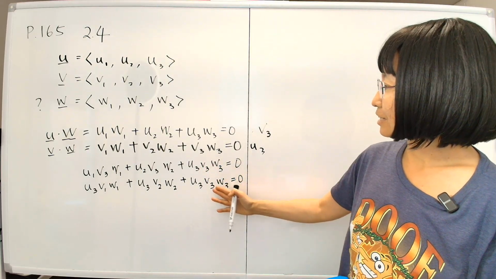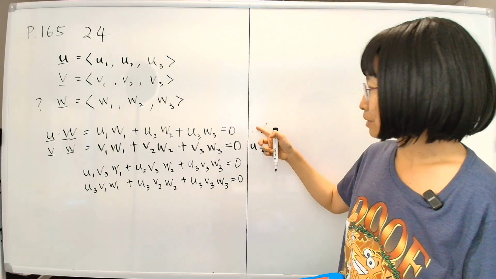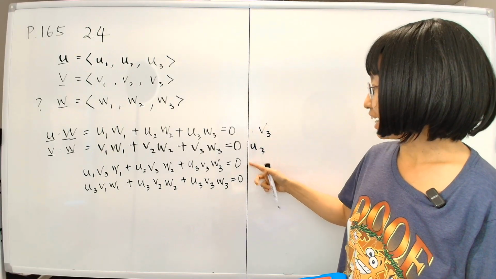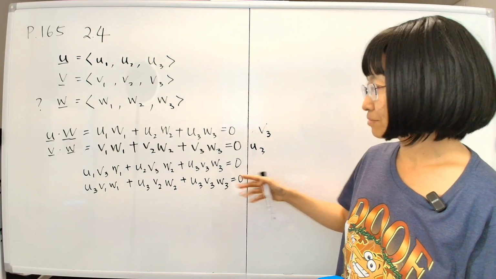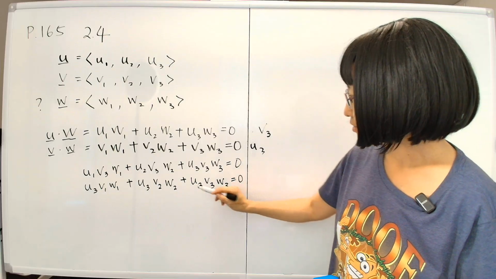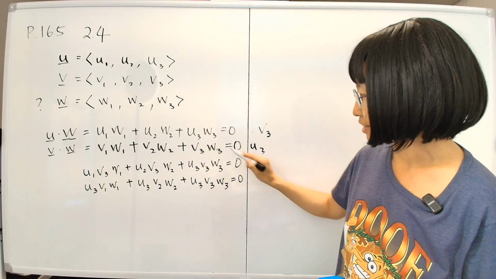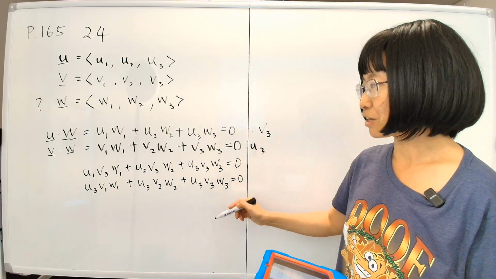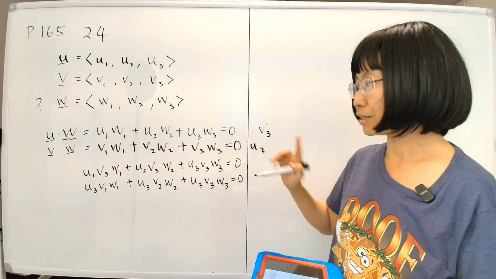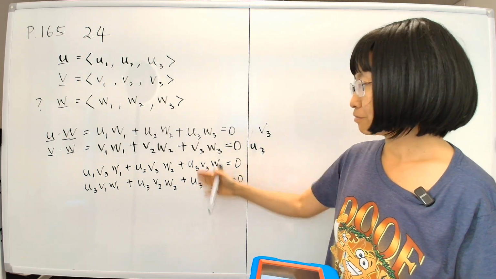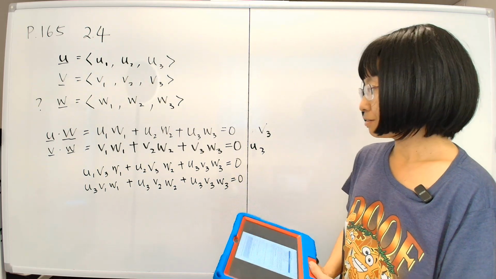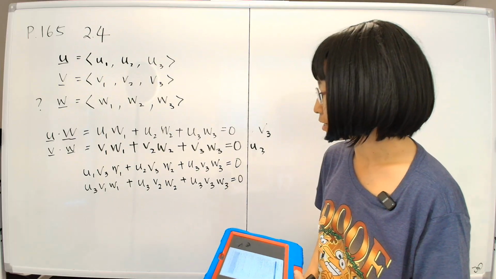And so here it is. Once I did the multiply by v3 on top and u3 on the bottom across the board, you notice that the last term right here is the same. So if we subtract, we get 1 equation without w3 in it, which I will write out right here.